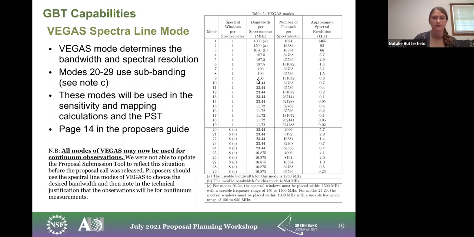So that's what a Vegas mode means: it corresponds to these values. I wanted to also note that recently all of the modes for the Vegas can now be used for continuum observations.